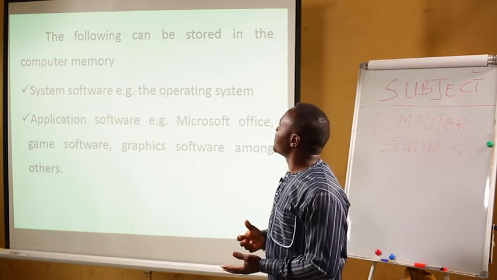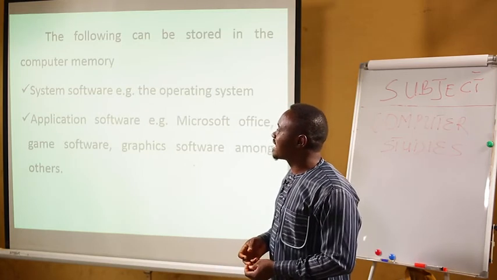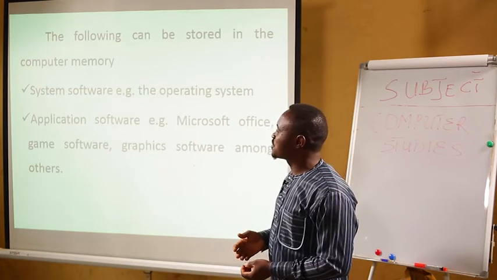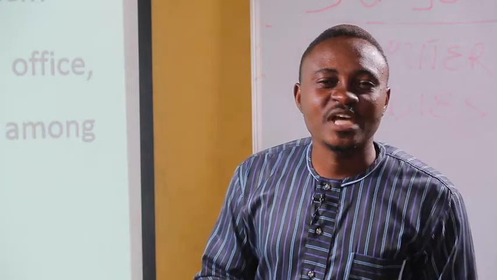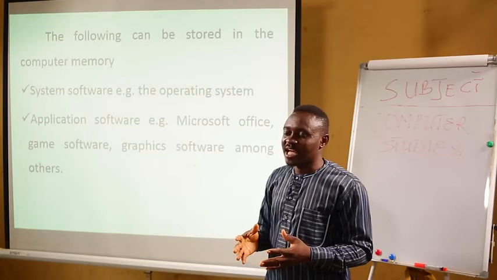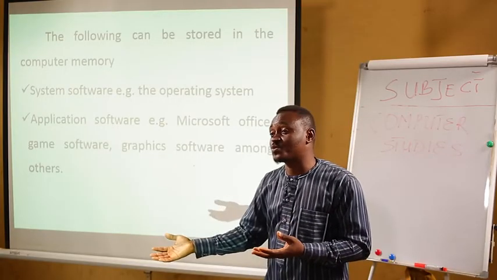The following can be stored in the computer memory. One, we have the system softwares and the application softwares. The computer memory, from the definition, is a space, an allocation, a specific area whereby data and information are stored electronically, and they could be picked up, referred to, erased, edited, and so on and so forth.